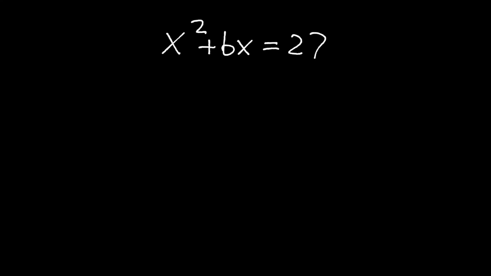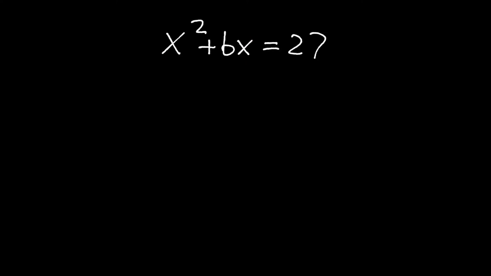Alright, x squared plus 6x equals 27. We have a quadratic equation here, and we are trying to complete the square so we can figure out what values for x are going to make 27, or if we had the 27 over here, what values of x would make this equation equal to 0. So we're going to start by completing the square.